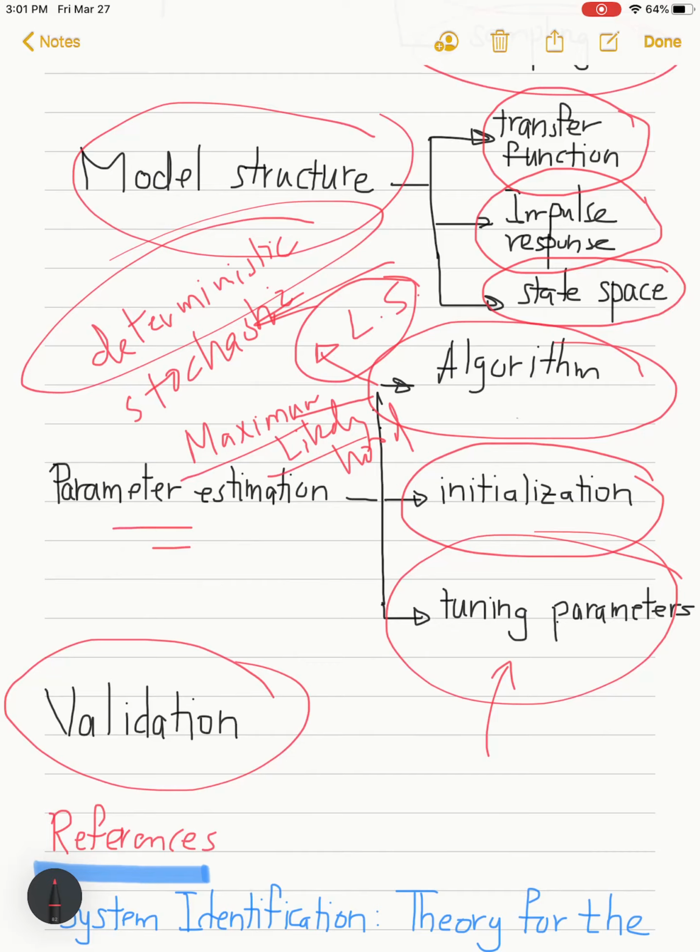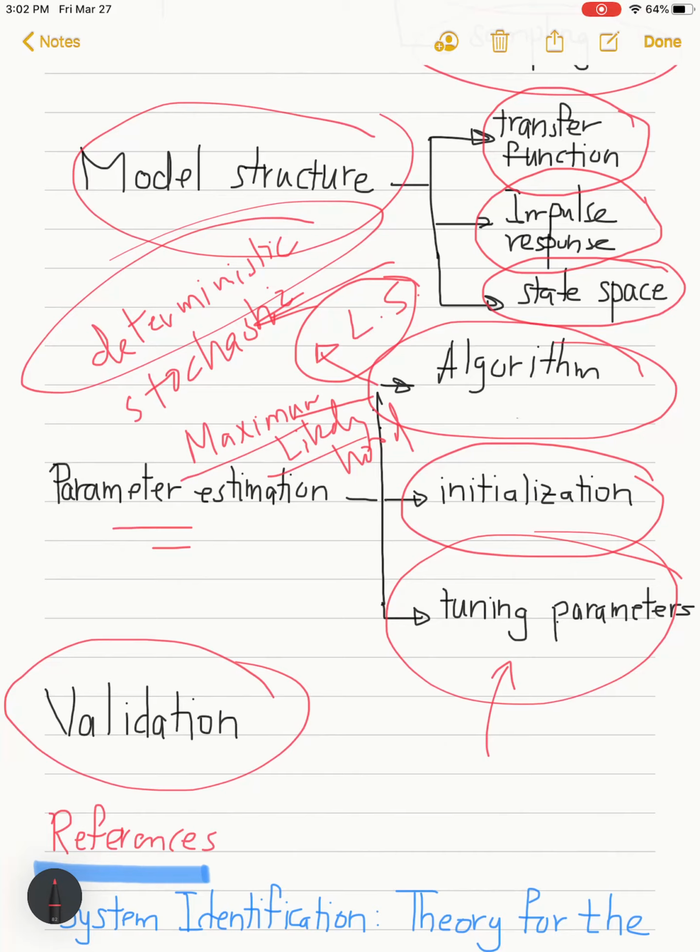So anyway, after we get some answers from the experiment and the calculations, we have to validate these answers, and if they are appropriate, then we can take them. Otherwise, we have to look back again and see if we have to repeat parts of the identification process.